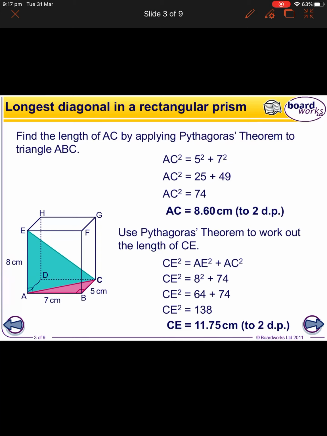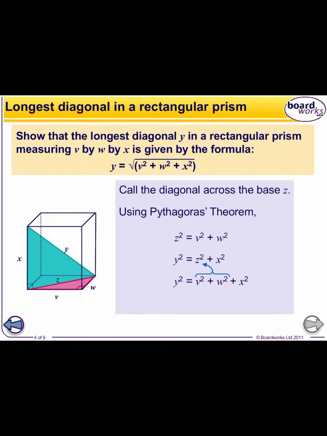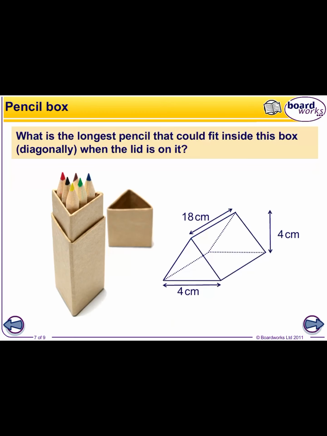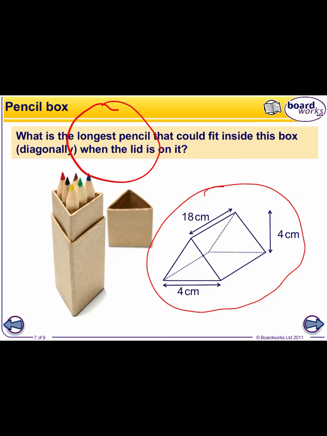So that is a typical sort of three-dimensional question where we can apply Pythagoras' theorem. So if I move along, I was looking at this PowerPoint, and I thought this question was quite interesting. So if you look at a box that's like this, so it's like a triangular prism, what would be the longest pencil that you could fit inside this sort of box?